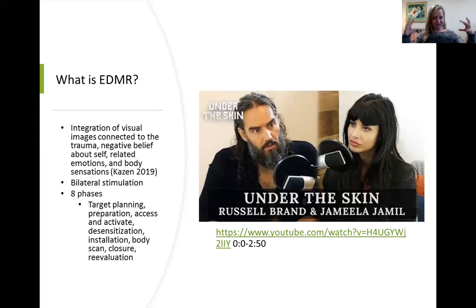And then body sensation. So once you put those three things together, that image, the belief, the emotions, where in your body do you feel it whenever you think about that picture, that image? And then we start the processing. So the next part is the bilateral stimulation. Typically, the left side of your brain, left starts with an L, logic starts with an L, and then the other side of the brain is emotion.